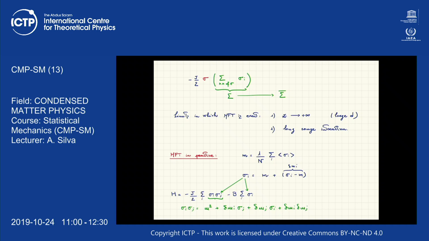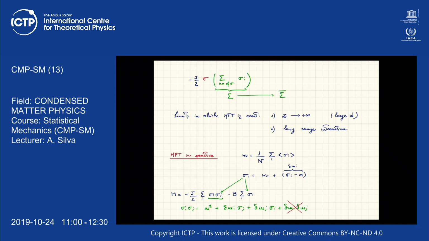But now I assume that my delta m is small. The fluctuations on top of the mean field are very, very small, which is exactly the same logic as what I told you before, assuming that fluctuations are tiny. And therefore, if they are small, I can think of this as an expansion, take this quadratic term and neglect it.